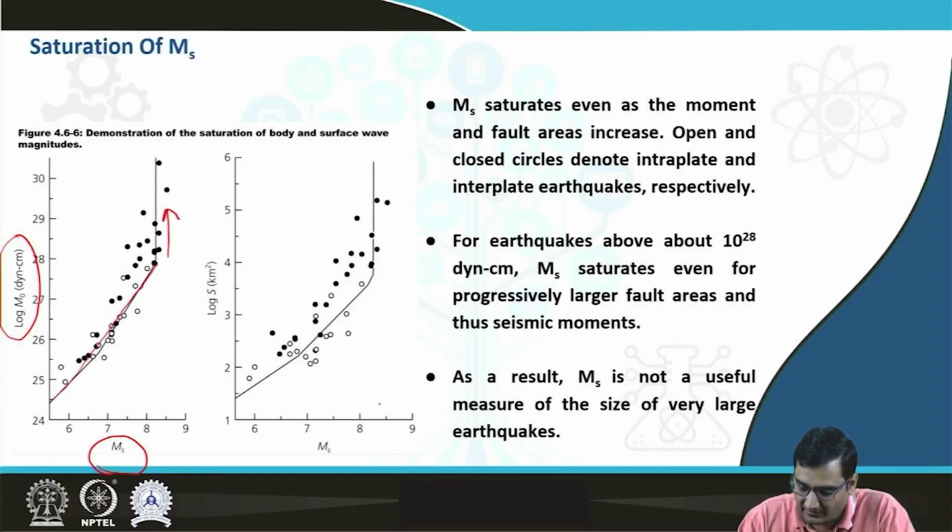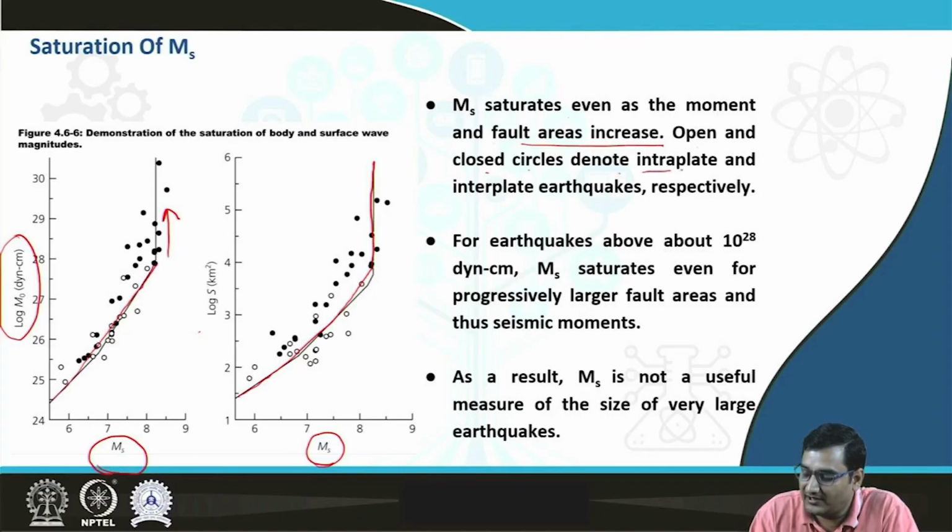It also gives the relationship for the rupture area and the surface wave magnitude on the x-axis, and as the rupture area increases, after a certain value it gets saturated and doesn't increase further. So what is written here: MS saturates even as the movement and the fault area increase. Open and closed circles denote the intraplate and the interplate earthquakes respectively.